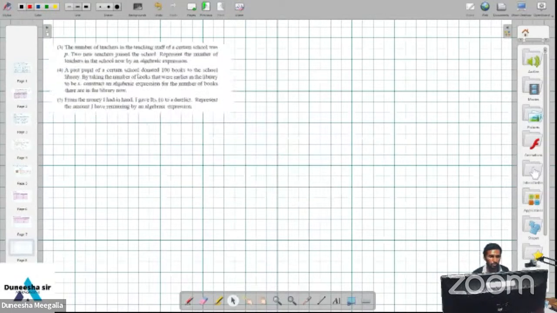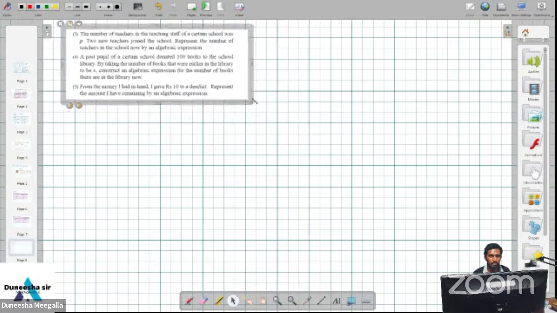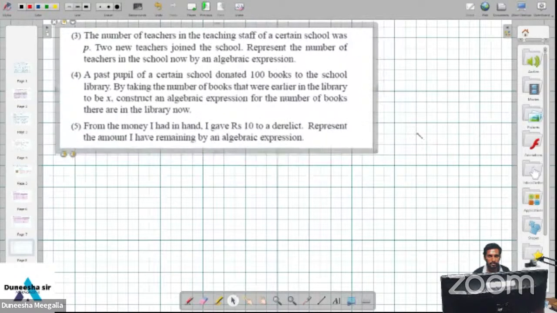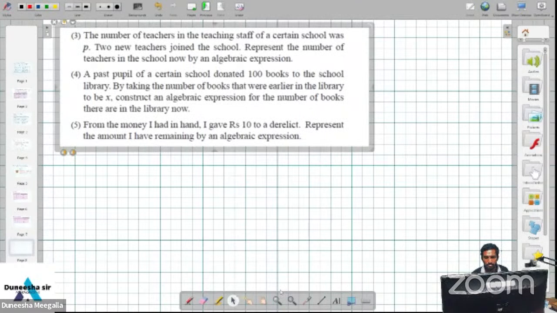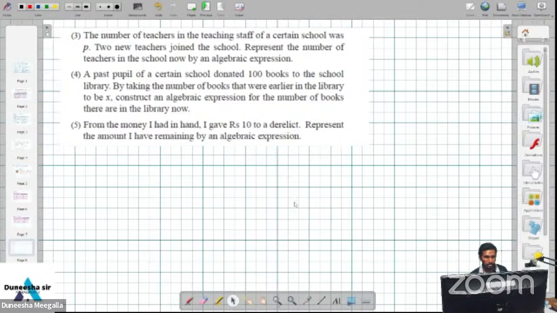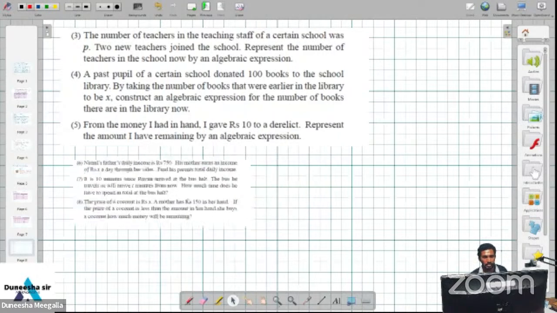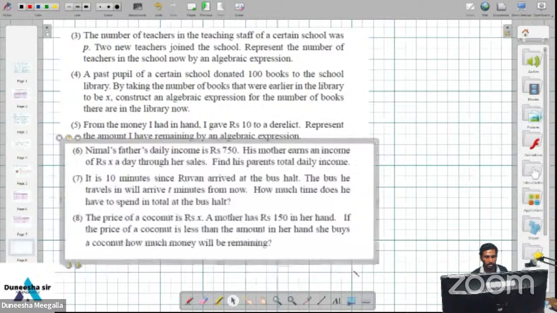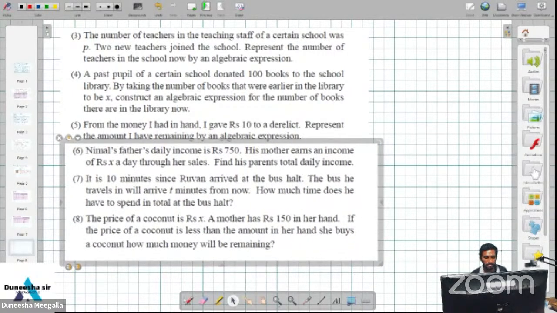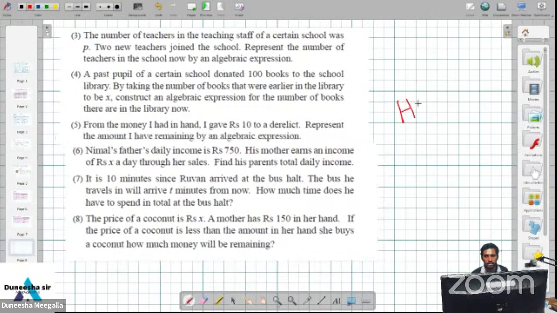We have to do that 1 to 8. Okay, that 1 to 8 is your homework. Can you do it? Can you try it?